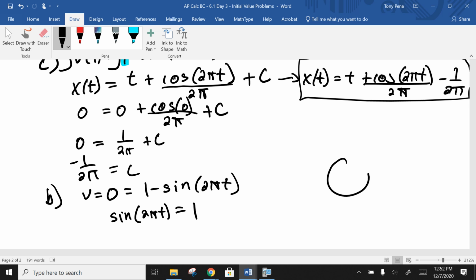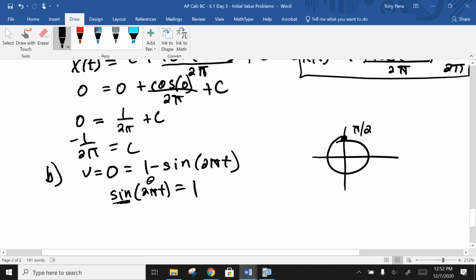And then what we're now thinking, consider your unit circle. We're trying to figure out what angle right here has a sine value. So a y coordinate of what angle is a 1? Wouldn't that have to be up here at pi over 2? So what has to be true is this expression here, that 2 pi t, has to be equivalent to pi over 2.